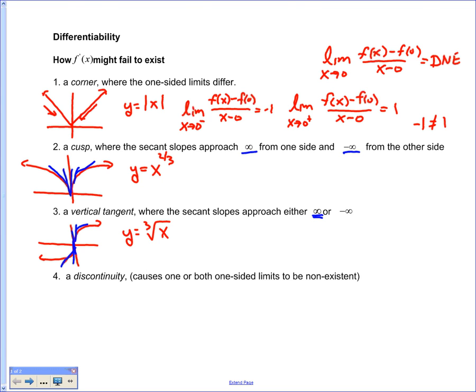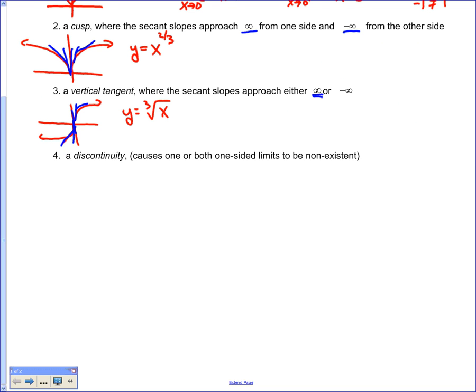And then the last situation would be a discontinuity. It causes one or both of the one-sided limits to be non-existent. An example of a discontinuity would be here. Obviously, the left-hand limit and the right-hand limit are both the same still. They're 0, but they're not actually equal to f of 0.